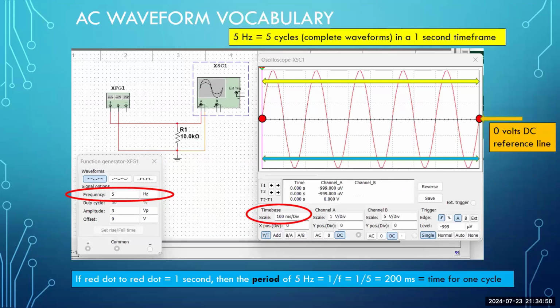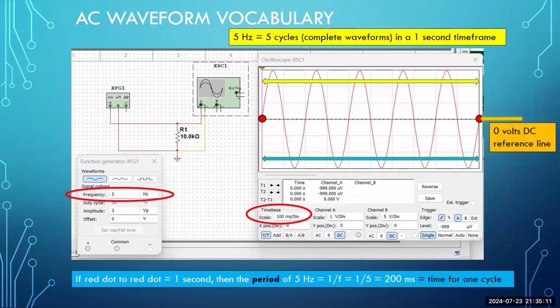All right, so here you can see in the yellow box at the top, 5 hertz. Now remember, capital H, lowercase z is the symbol for hertz. Hertz is the unit of frequency. So 5 hertz means what? 5 cycles or 5 complete waveforms in a 1-second time frame.